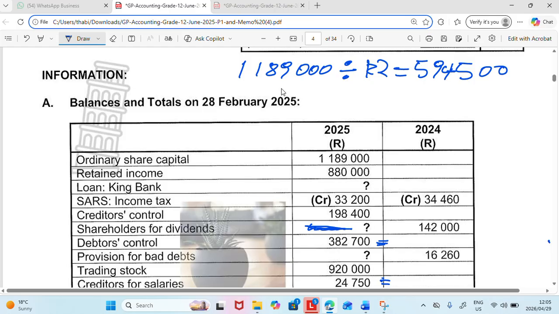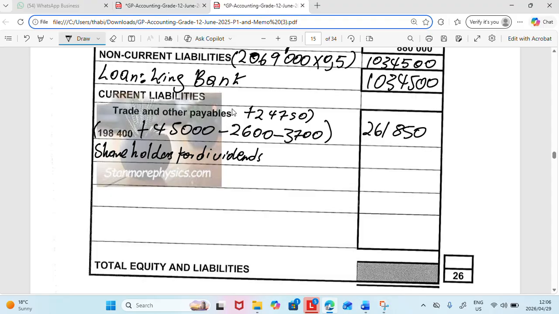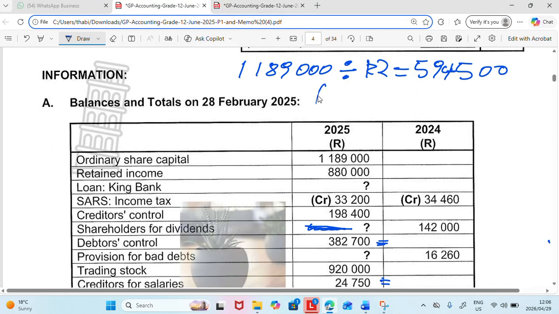So on your side, this is what you need to do to calculate your shareholders for dividends. You take 594,500 plus those shares that were bought back, which qualify for what? For the final dividends that was declared of 30 cents. 30 cents is equivalent to 0.30, so you multiply by 0.30.